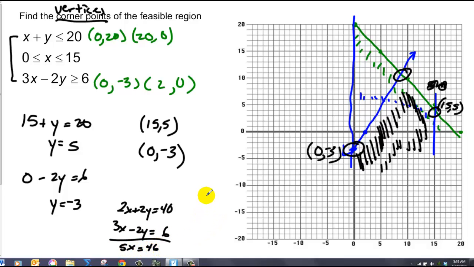So that's 46 over 5 is equal to x. Then I'd have to plug back in to get y. And y ends up equaling roughly 54 over 5. So this point, once again, right here, is going to be 46 over 5 and 54 over 5.